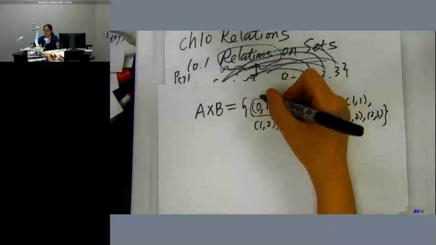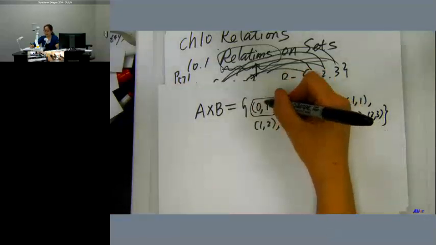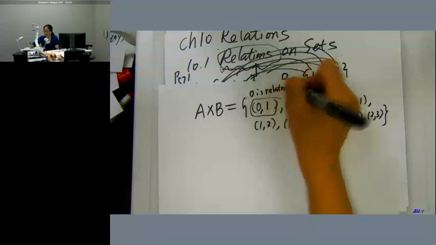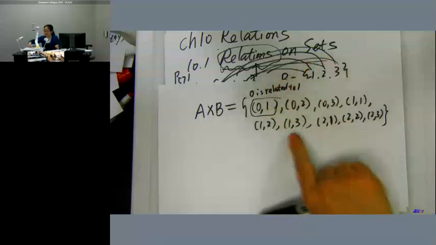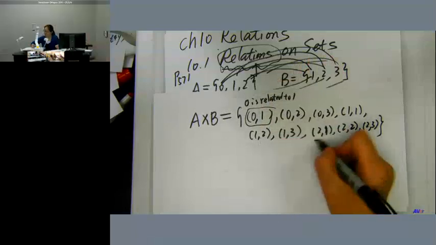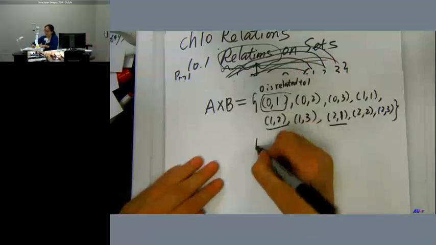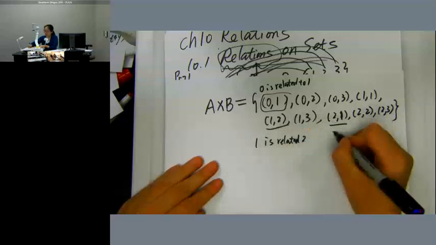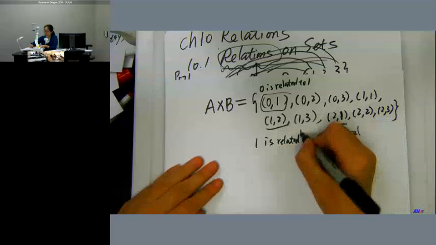We're going to consider it as, like, 0 is related to 1. So when we get (0, 1), we say 0 is related to 1. Let's look at a different one. (1, 2) means 1 is related to 2, and (2, 1) means 2 is related to 1.